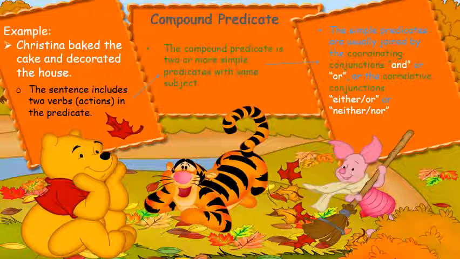The simple predicates are usually joined by the coordinating conjunctions "and" or "or," same as the subjects, or the correlative conjunctions "either...or" and "neither...nor." So the compound subject and the compound predicate are similar. In the compound subject, I have two or more nouns or pronouns, but in the compound predicate, I have two or more verbs done by the same subject, and they must be joined with a coordinating conjunction or a correlative conjunction.